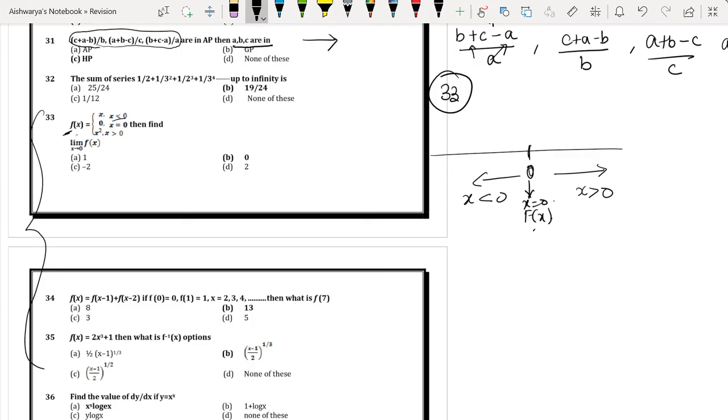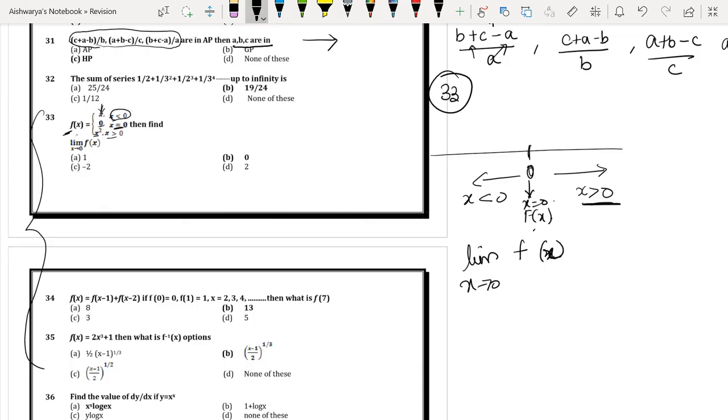Whenever x takes a value less than 0, the value of the function will be x itself. When x takes the value 0, the value of the function will be 0 itself. Whenever x takes any value greater than 0, the value of the function will be x square. Now the question is asking you limit as x tends to 0, f of x.